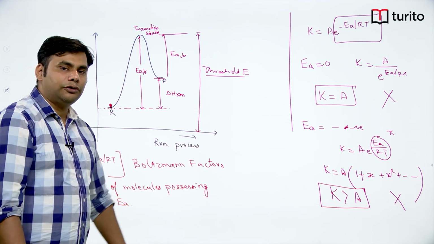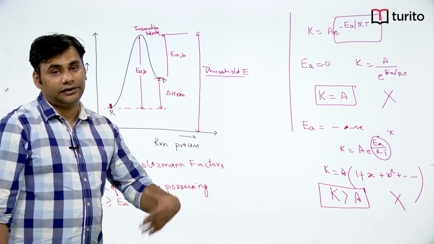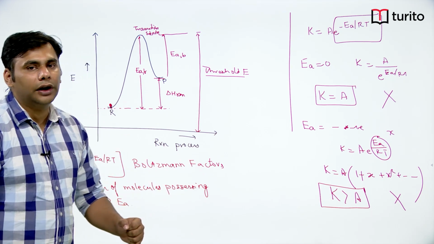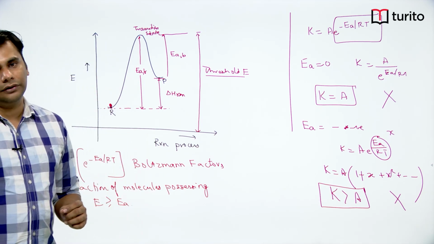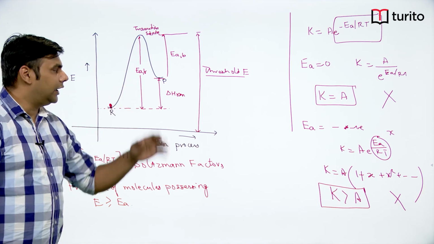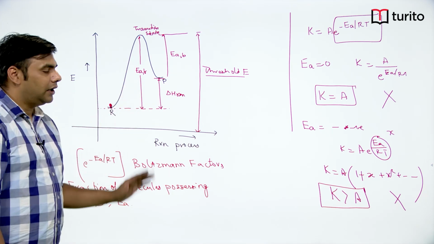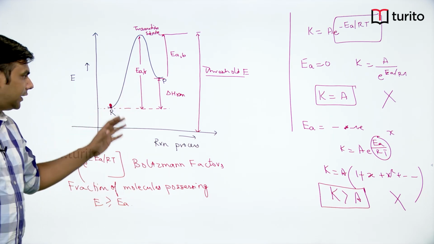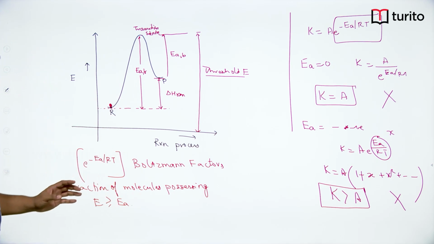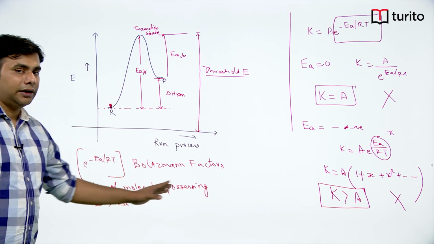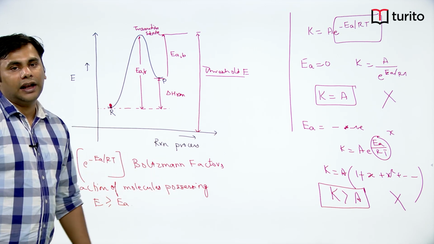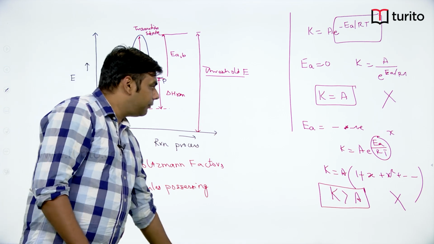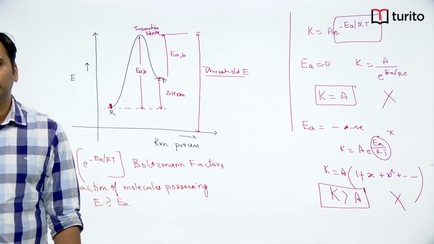Only those collisions in which the reactant is transformed into the products are called effective collisions. We have drawn the graph for endothermic and exothermic reactions, understood the concept of threshold energy, activation energy, and delta H of reaction. Also we have understood that this quantity represents the fraction of molecules possessing energy greater than activation energy. So I hope this is clear to everyone.